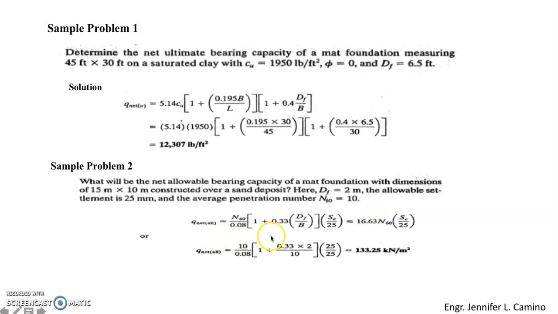So using the equation for the net allowable bearing capacity using the standard penetration number values, you're going to make use of this equation. Simply substitute the given value for each parameter, and you obtain now 133.25 kilonewton per meter squared.